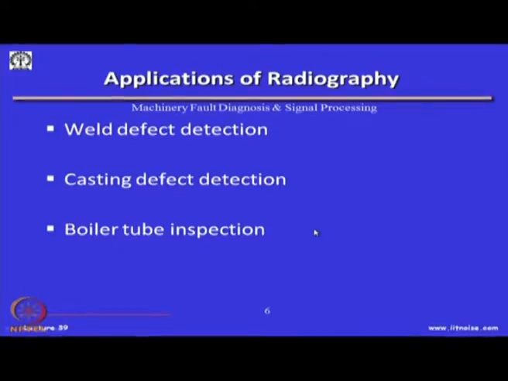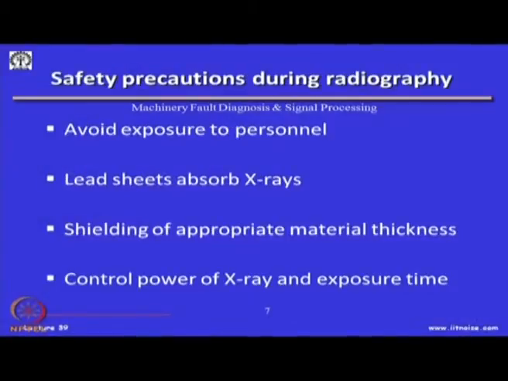So, applications of radiography, of course, the industrial applications are to find out weld defect detection, casting defect detection, boiler tube inspection. In industrial security systems, we use industrial X-rays for screening baggage to find out the density, etc. Of course, these X-ray systems are sometimes harmful to human beings. So, we have to be careful about how much exposure time we give to that particular component, and what is the distance of the X-ray source to the component being tested.